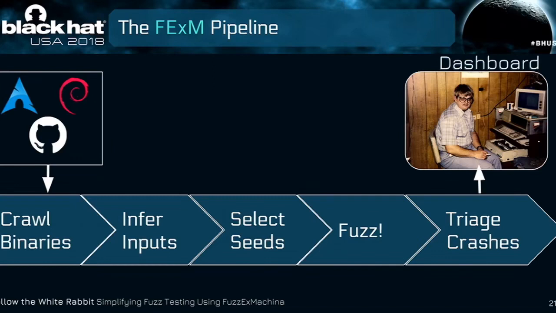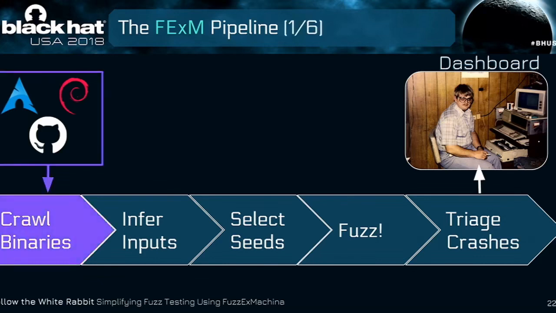Now, once FExM has this package source or a list of packages that you want to fuzz, it crawls those packages for binaries, then infers some way to give those binaries user-defined input, selects a good set of seeds, then starts the actual fuzzing for you with a good configuration, and after that it triages the crashes that came out of the fuzzing, and then in the last step it hands control back over to you in a dashboard that displays the results in a very convenient way.